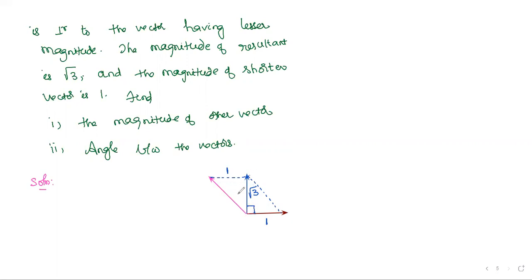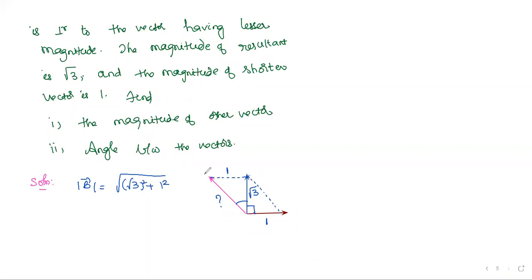So look at the right angle triangle here. He is asking for the hypotenuse, the other vector. Mod b is equal to the root of side square plus side square, that is √3 whole square plus 1 whole square.